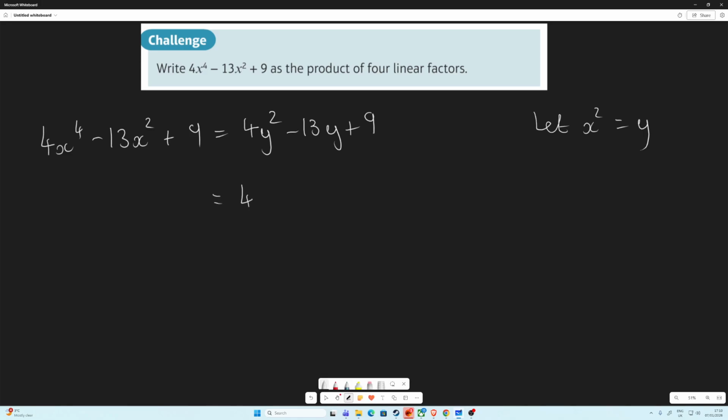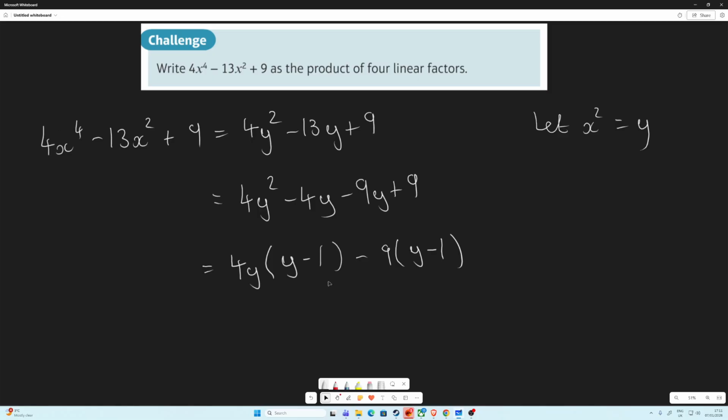So this is equal to 4y squared minus 4y minus 9y plus 9, which is equal to 4y times y minus 1, minus 9 times y minus 1. Okay, good.